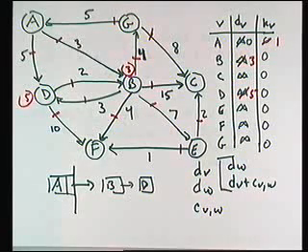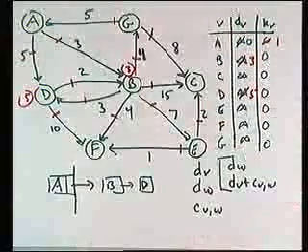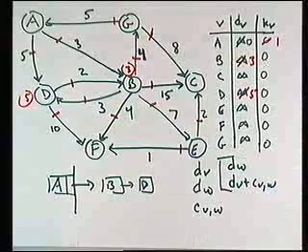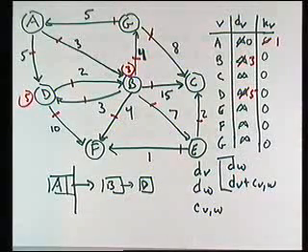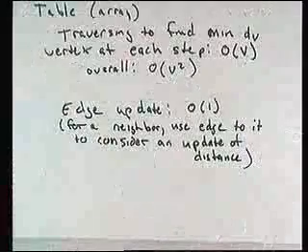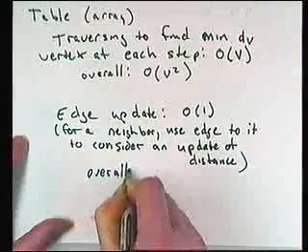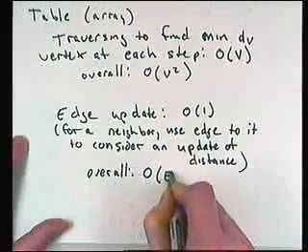And what that means is, as I pass through the loop one by one and look at the vertices, and therefore the neighbors of the vertices one by one, what I'm getting over the course of the algorithm is every single edge. And so the overall time here is order E.